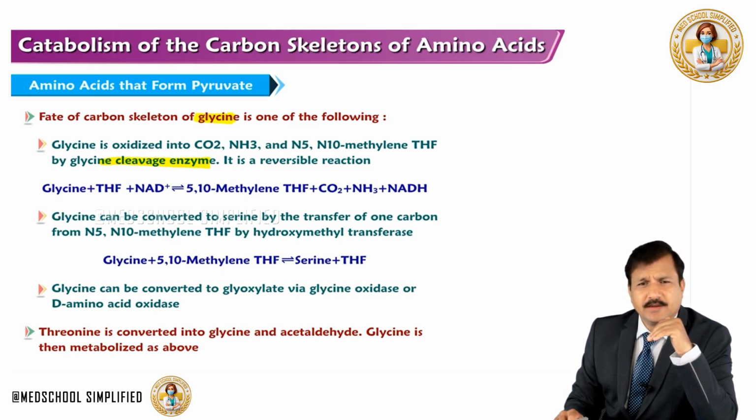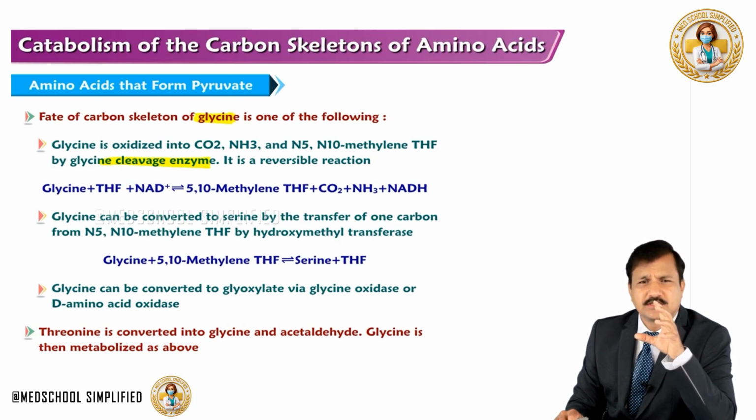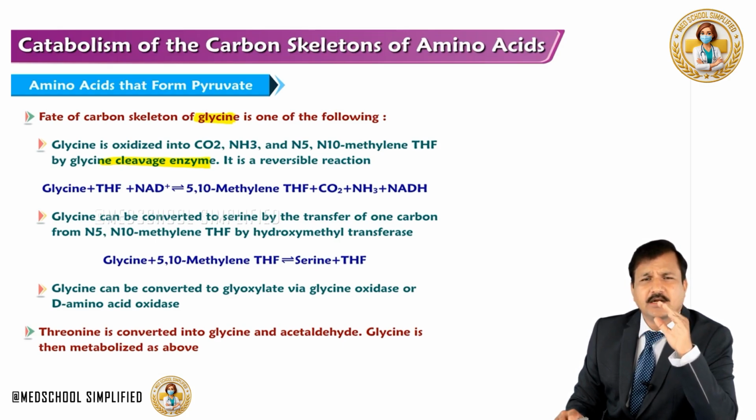And this is important, especially in relation to the forms of tetrahydrofolate that we are going to get here, because glycine metabolism is the one that gives a type of tetrahydrofolate which can be used in certain important metabolic processes, like the conversion of dUMP, that is deoxyuridine monophosphate, into dTMP, deoxythymidine monophosphate, in DNA synthesis, right?